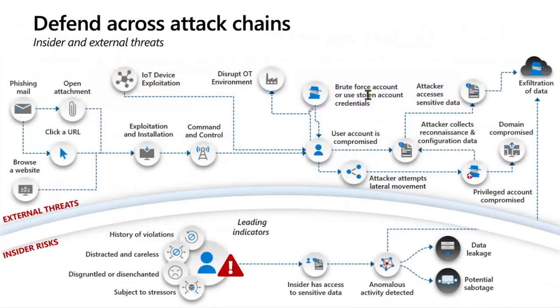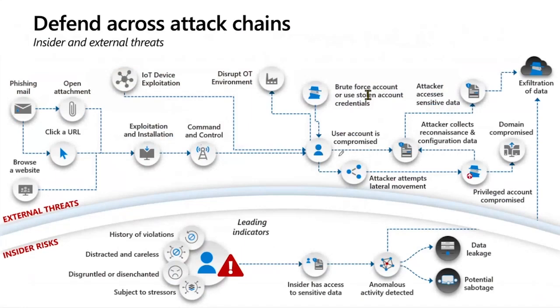Now, if you talk about an attack chain environment, in any attack chain we can definitely defend our organization from external and internal attacks. In external attacks, we see different attack patterns like a phishing email, opening an attachment, clicking a URL, browsing a website, including command and control, exploitation and installation. Also targeting IoT devices, disrupting IoT and OT environments, or brute force attacks on any identity.